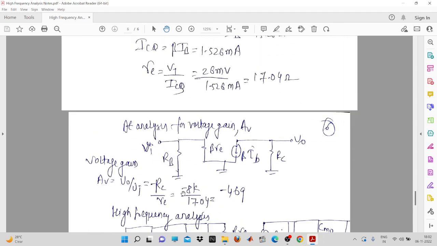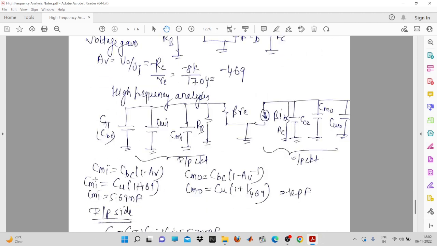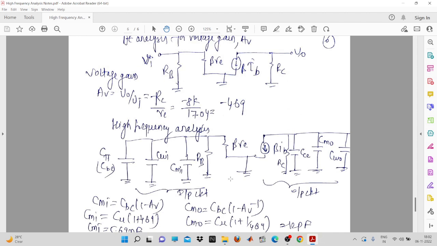First, as you know, we will have to find the Miller input and output capacitance, and basically that capacitance is from base to collector. It means that the base to collector capacitance will be resolved into two components. The first one is the input component, and the second one is the output component.